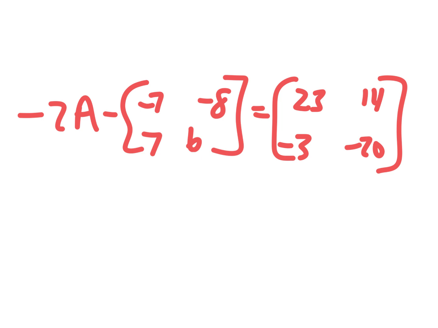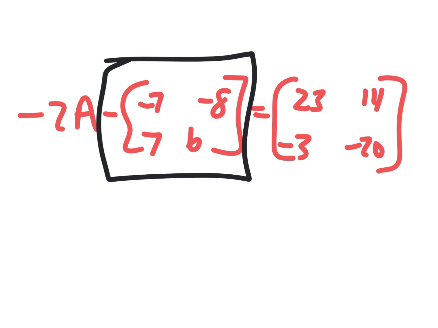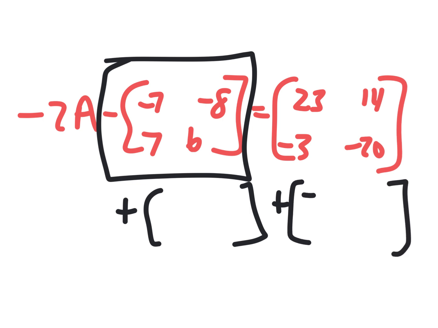You tell me. I would add this to both sides. Now, do I really need to write all of that underneath to just add it? No, I think I can just know that I really only need to add it here. -7, -8, 7, and 6.